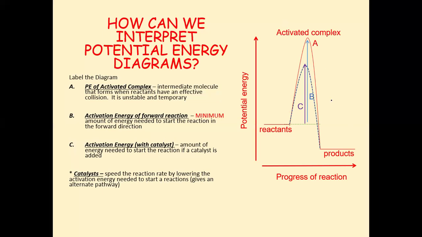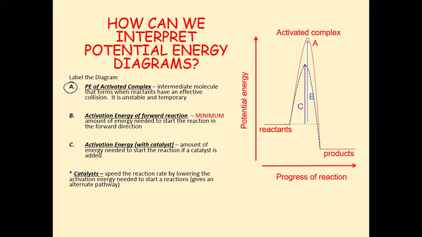There are many terms involved, such as this term, potential energy of activated complex. We're going to look at this term, which is called activation energy of forward reaction, and activation energy with catalyst. We're going to talk about the catalyst. And sometimes they're going to give you this diagram and ask you to label all of these things. Now, let's start with A.